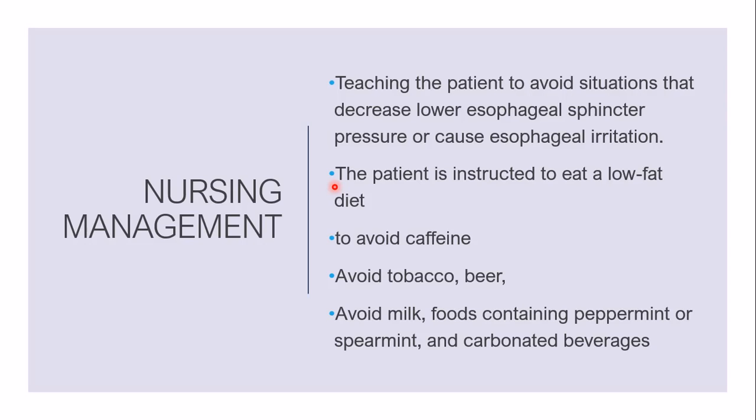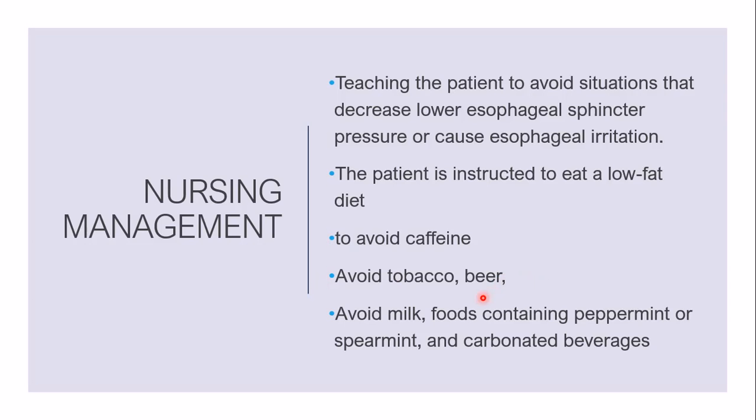And the next thing is to avoid caffeine. Caffeine also is not good in this condition, so we'll ask them not to take much coffee. If the person is a coffee lover, then we need to tell them why it is important, and what all the things they can do to avoid the caffeine. Now, avoid tobacco, beer, or any other drink.